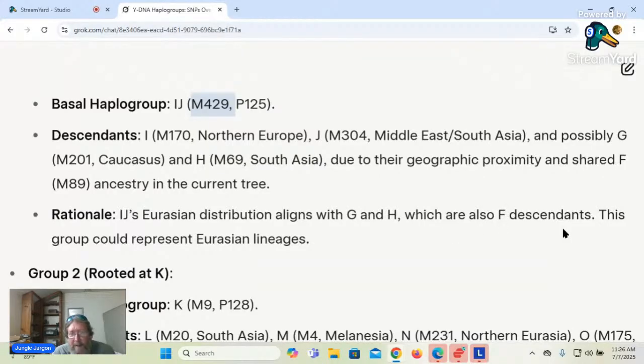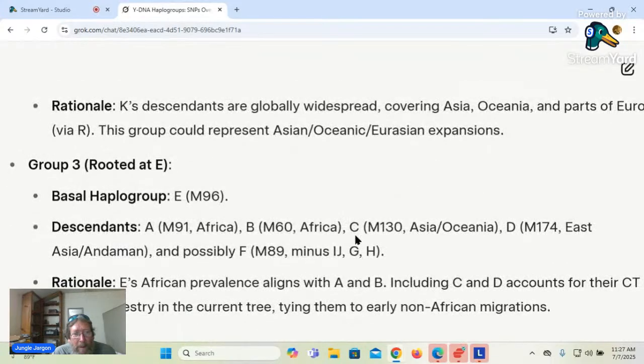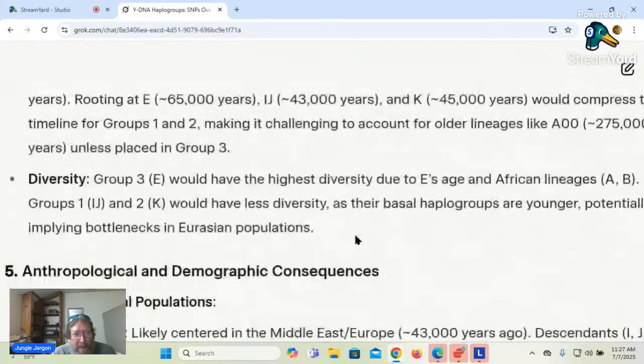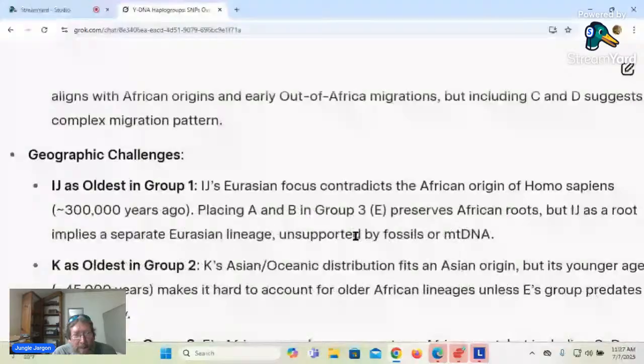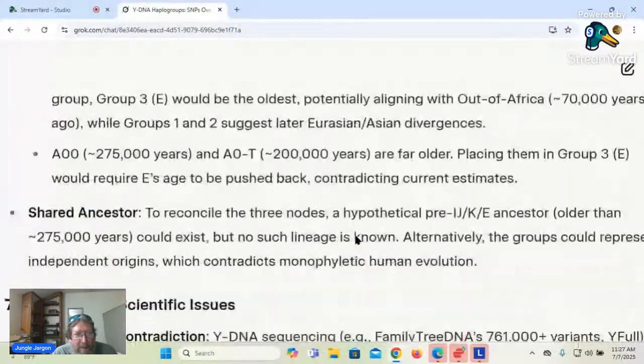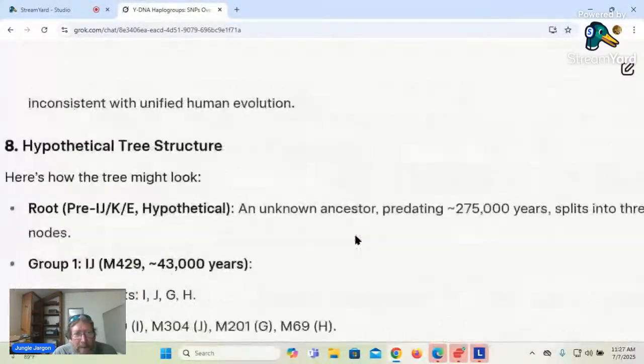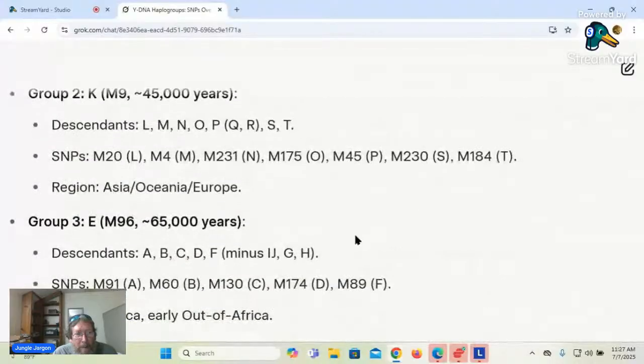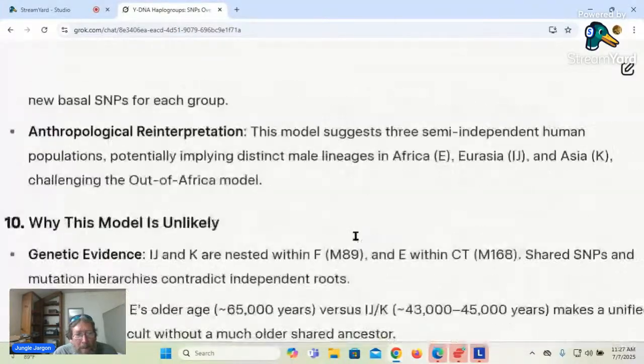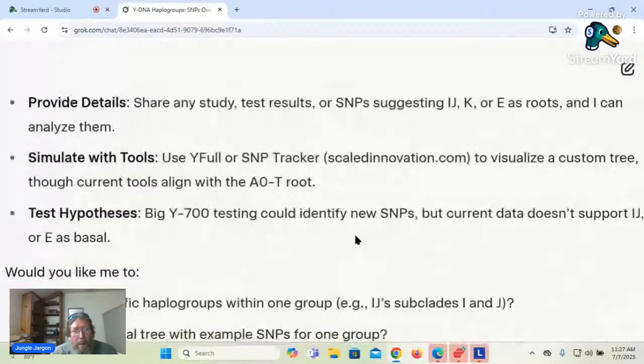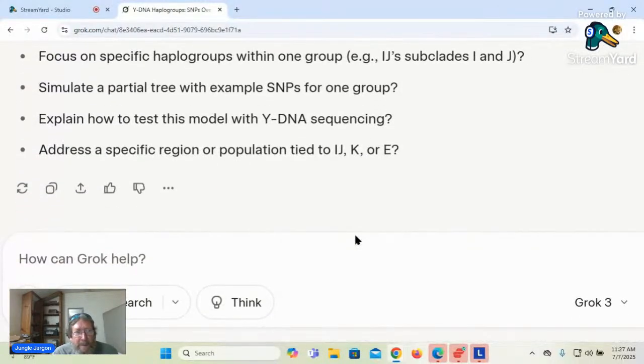But if you root in IJ, G and H are not descendants of F. They're all descendants of IJ. Let me see. This is the last one, or did I ask another question? I thought I asked another question, but maybe not. Okay, I guess that's it.